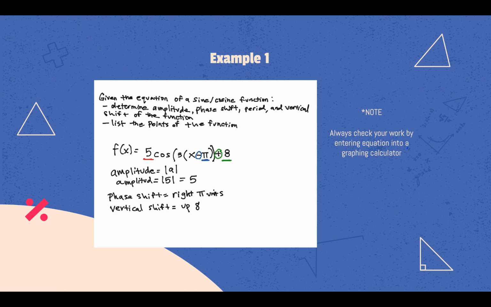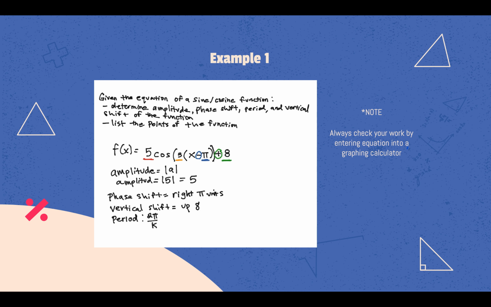And finally, we're going to identify the period of this graph. And we know that our period is represented by 2 pi over k, where k in our case is represented by 3.